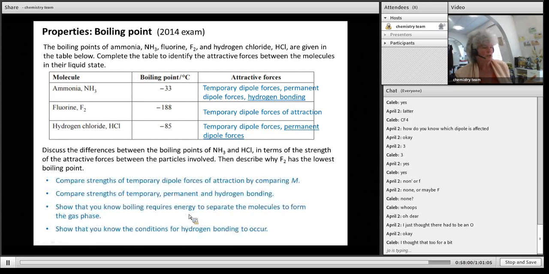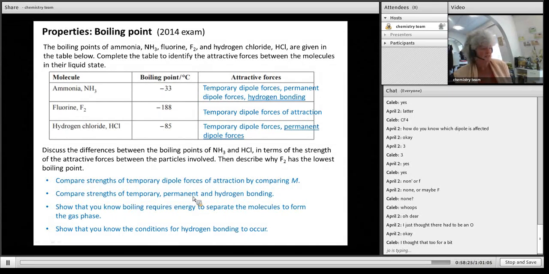And you'd look at the temporary dipole force of attraction and compare. There's not much you can compare in terms of shape. These are two linear molecules, they're all small molecules. And again, show everything you know about the temporary, the permanent, and the hydrogen bonds.